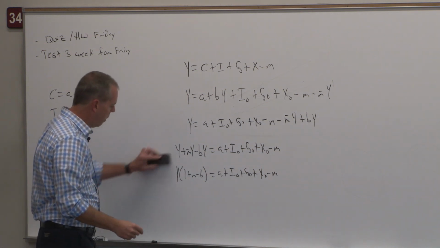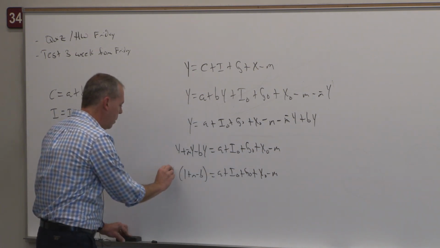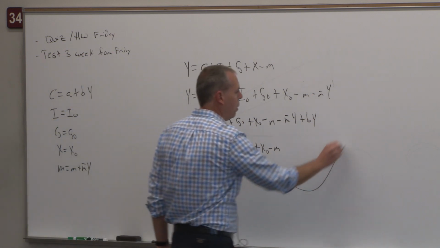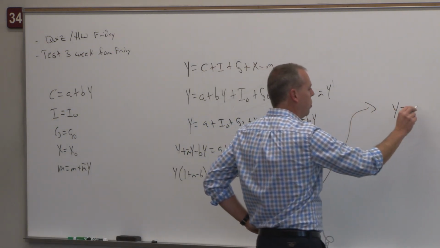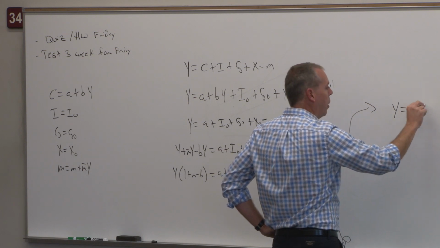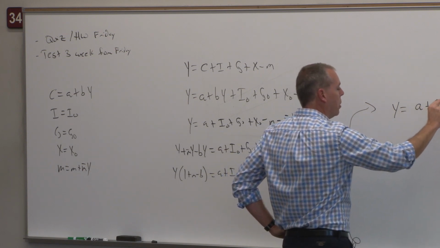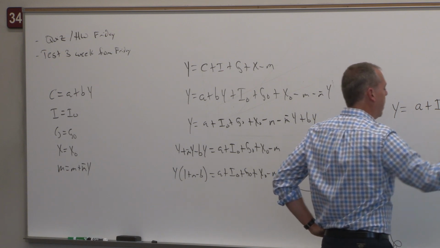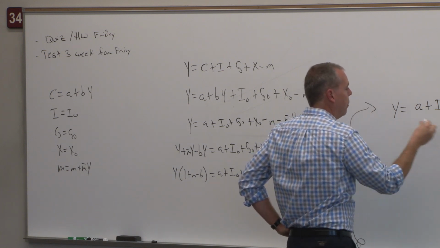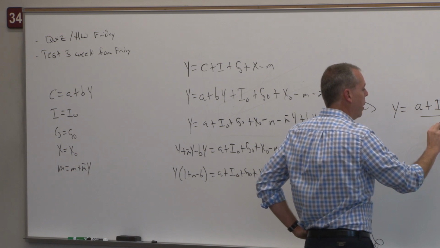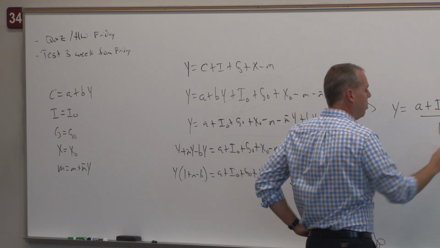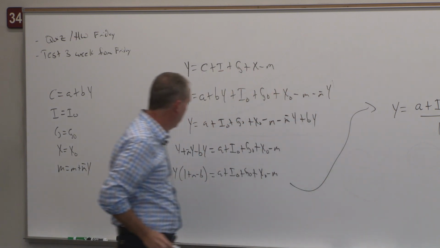Right? And divide by this guy right here. So we see that output here is equal to our autonomous consumption plus I0 plus G0 plus X0 minus m, this autonomous level of imports, divided by 1 plus M bar minus B. Right?